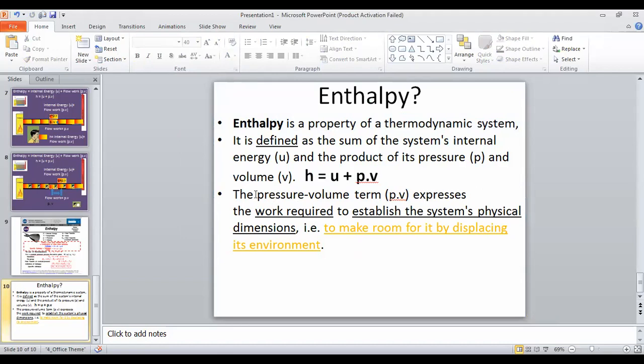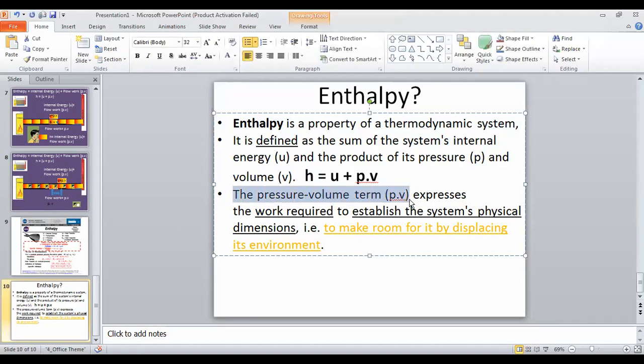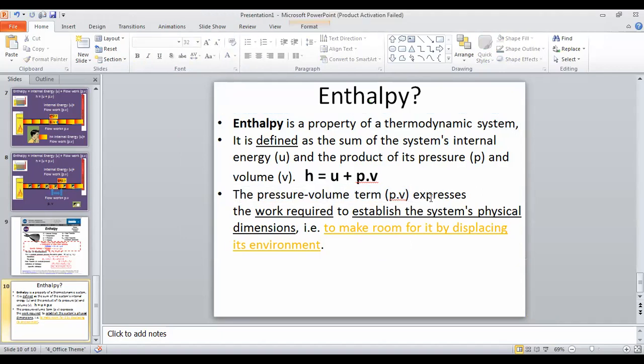Then it says the pressure-volume term PV expresses the work required to establish the system's physical dimension, which means to make room for it by displacing its environment.